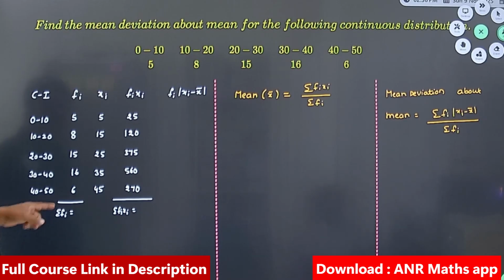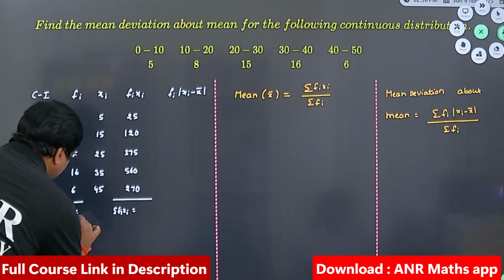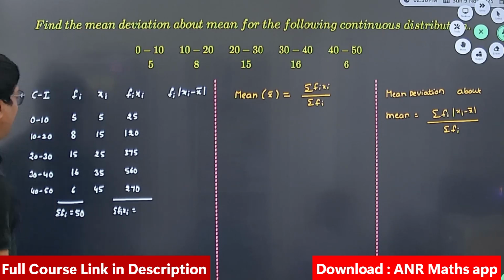That gives 50. Okay, summation Fi value is 50.